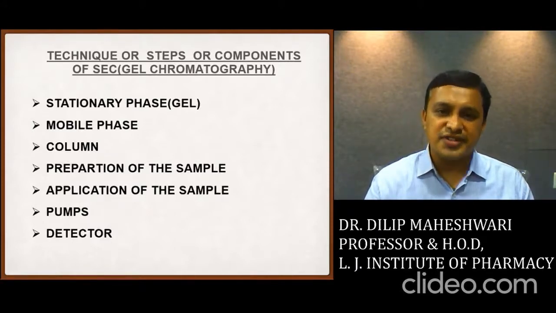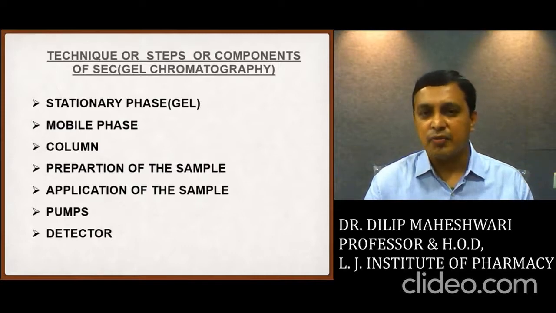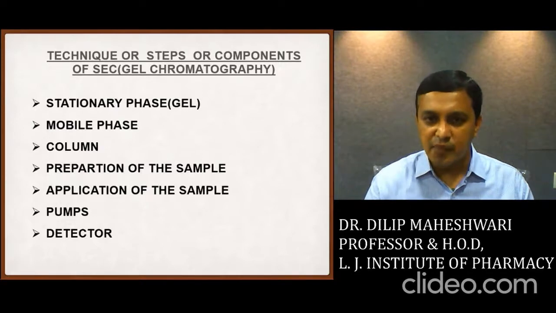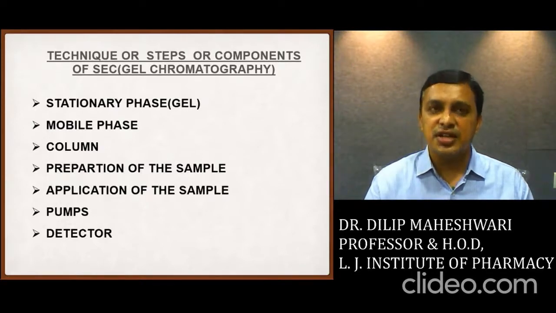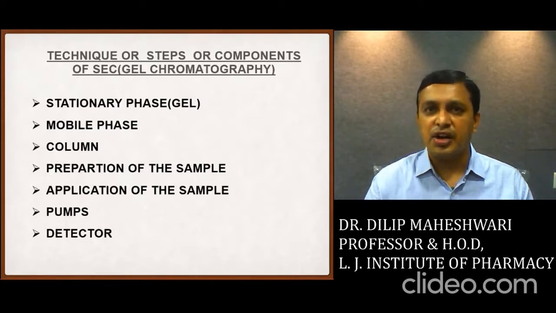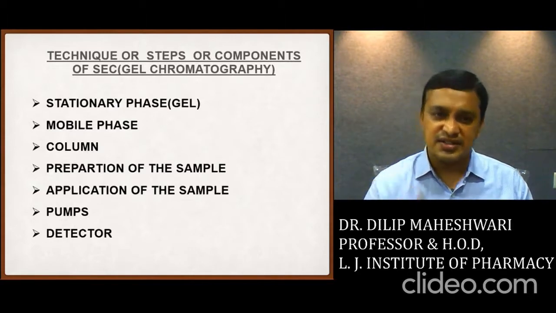So you have to select the type of gel on the basis of the size of the compounds, because these 3 gel materials have different pore sizes. According to that pore size you select your gel, so that ultimately you separate the compounds present in the mixture, which differ in size.